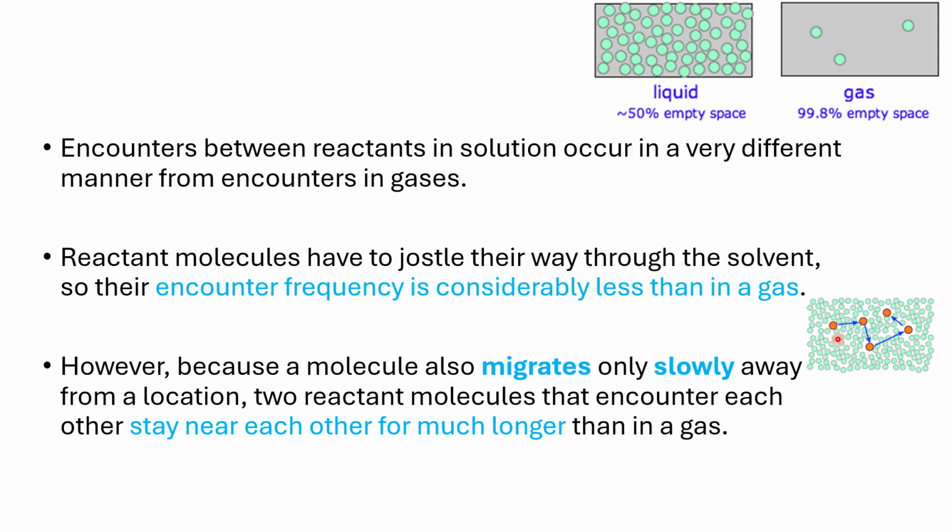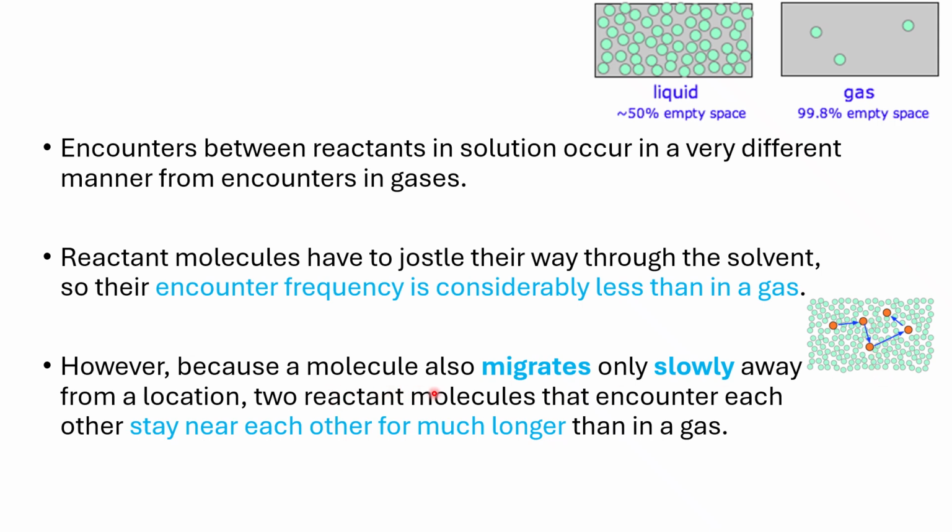For example, in the image here, the orange balls represent the reactant molecules. They have to move around the solvent molecules so that they can meet the other reactant molecule, and their encounter frequency is considerably less than in gas phase reactions.